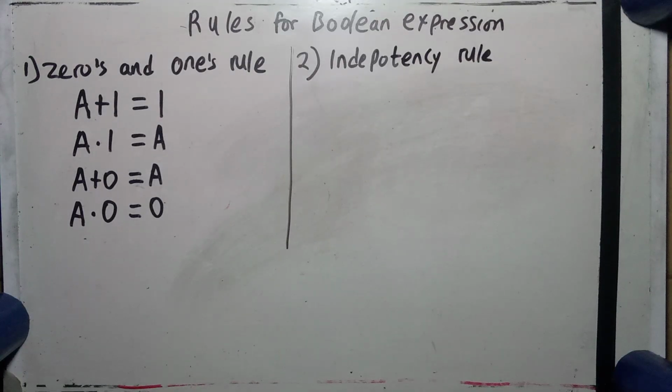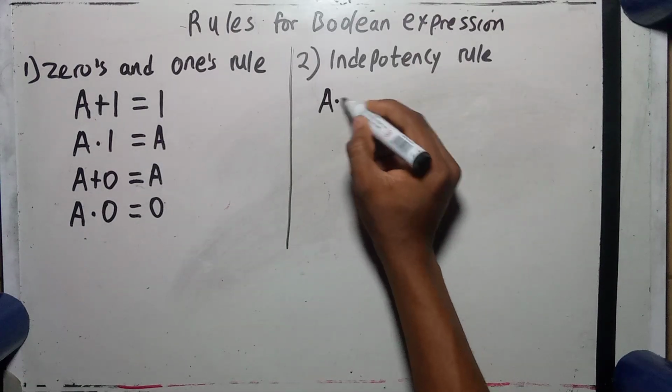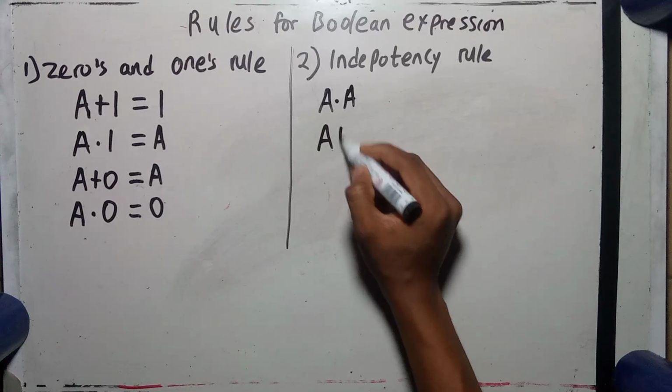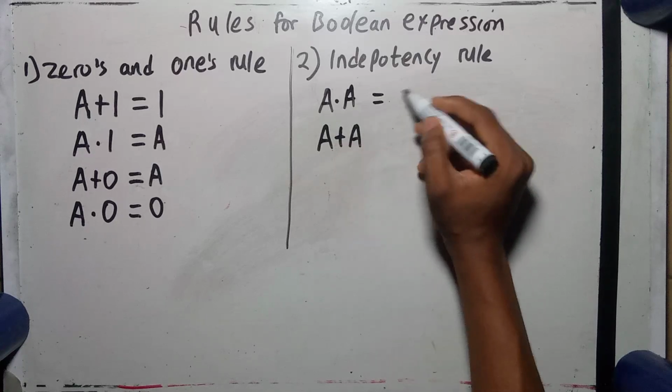Now this rule, forget the grammar. I'm talking about the variable adding itself, the variable multiplying itself. Now one unique thing in Boolean expression is that when we say A times A and when we say A plus A, in normal algebra we say this is what?